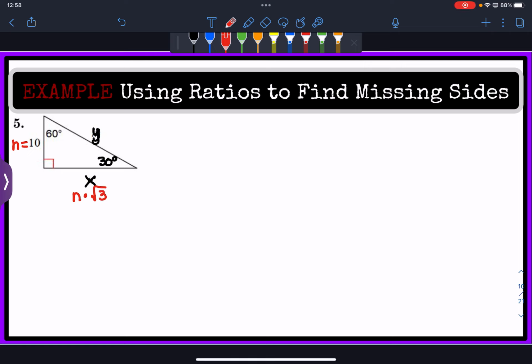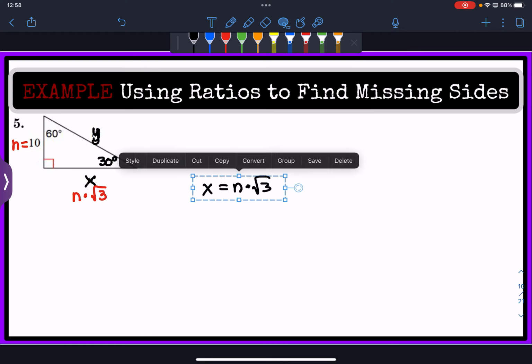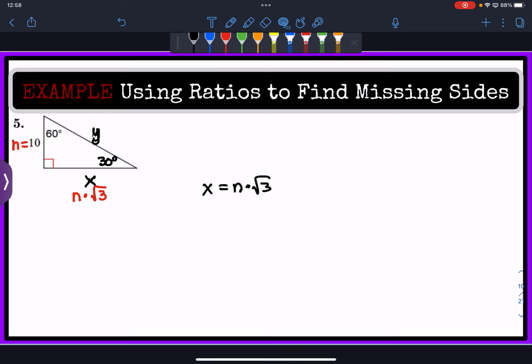So X equals N times radical 3. And opposite of the 90-degree angle, your hypotenuse, that side is always going to measure 2 times N. So that means Y is equal to 2 times N.